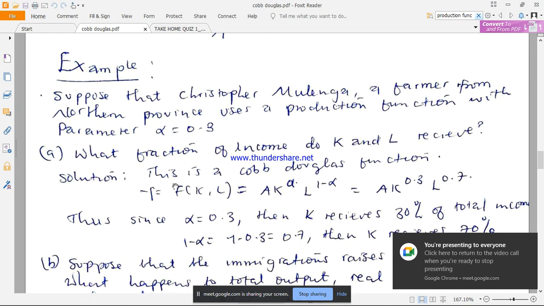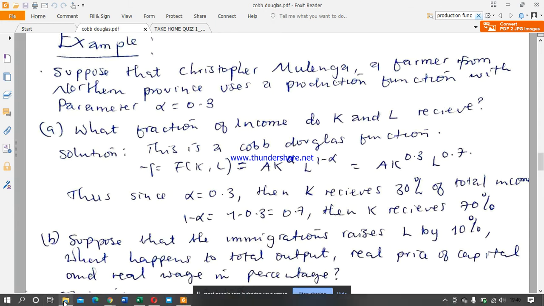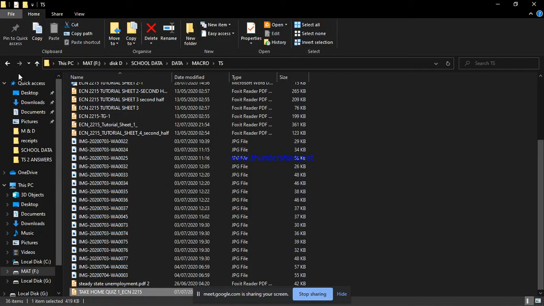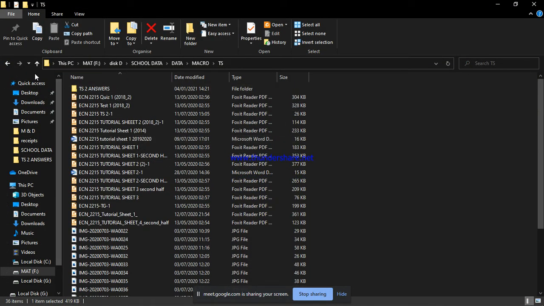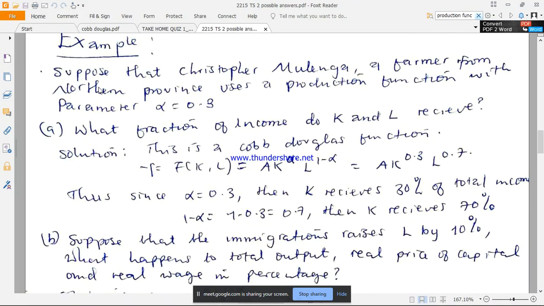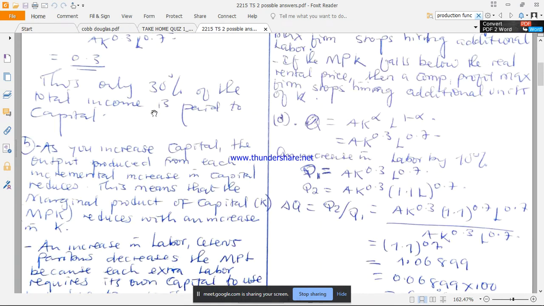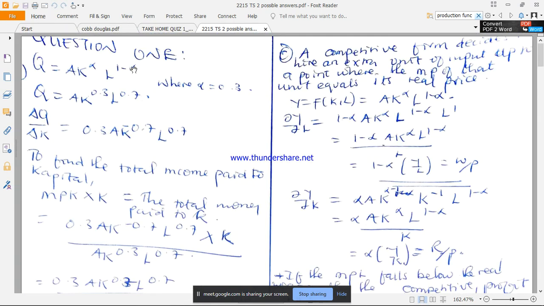Though this one we're talking about tries to calculate for the distribution of output. Wait, let me just check if I have a proper numeric example based on this. All right, Mr. George. Because I have this document which I prepared last year. So let me just check.